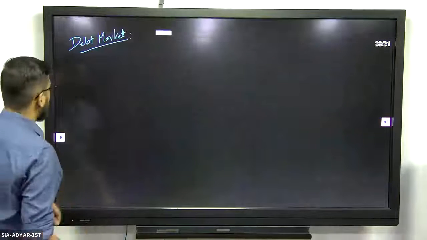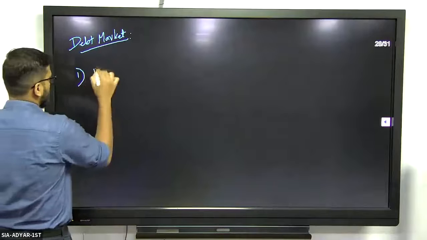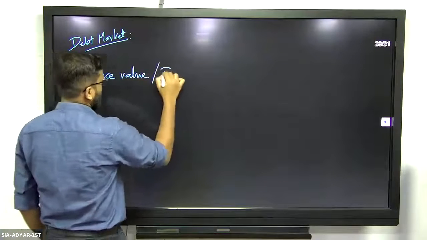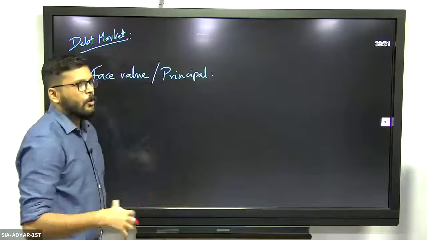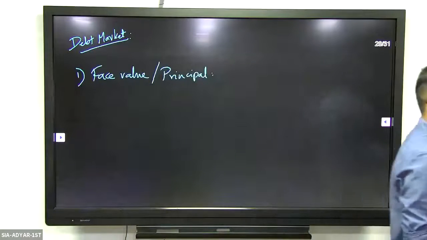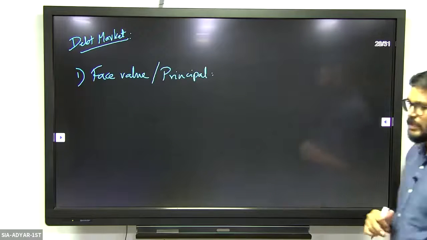So I'm going to introduce some terminologies related with the debt market. First of all, there is something called face value. It is also called the principal. The principal amount that is given as loan is the face value, the amount that is mentioned in the debt instrument.